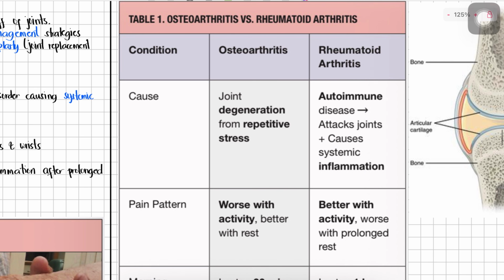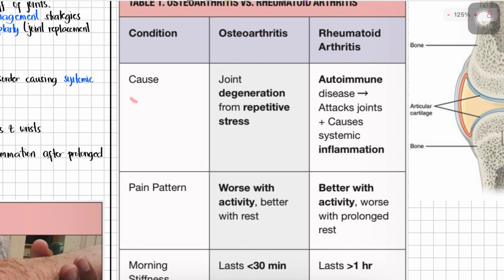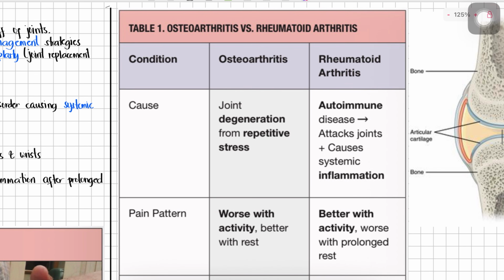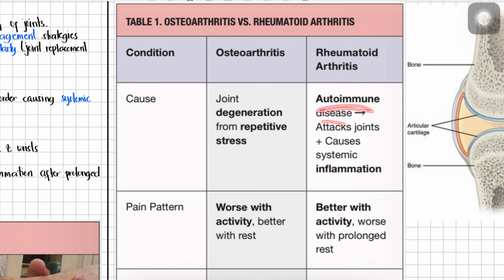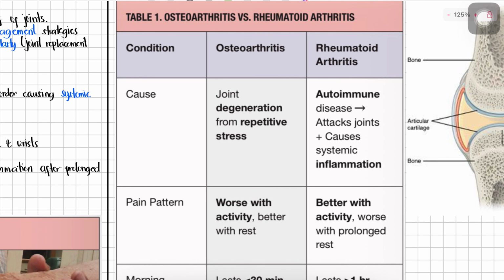Now, let's compare your osteoarthritis and rheumatoid arthritis, guys. Okay, in terms of cause, your osteoarthritis is caused by joint degeneration from repetitive stress. Okay? How about rheumatoid arthritis, guys? It is caused by autoimmune disease, okay? Attacking the joints plus causing systemic inflammation.